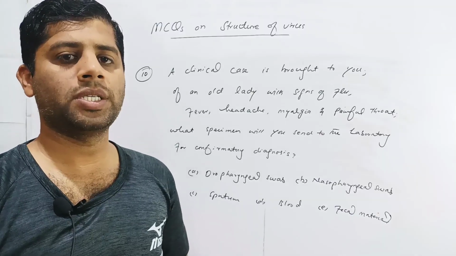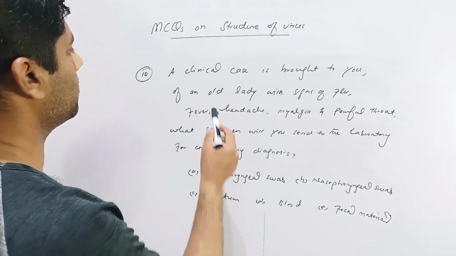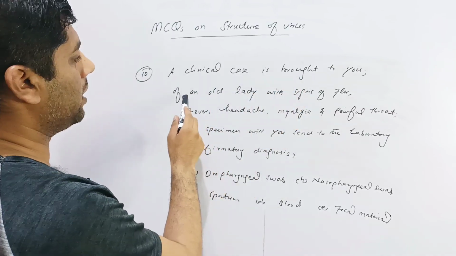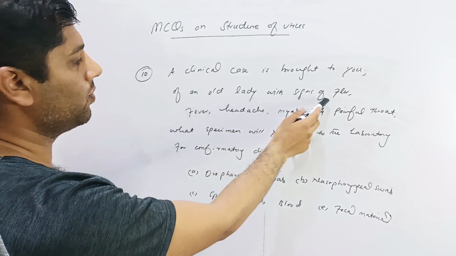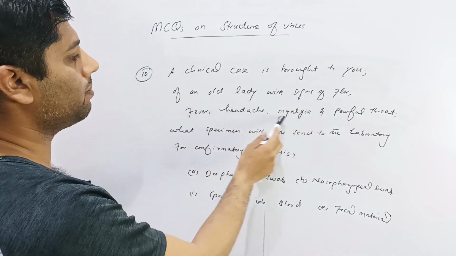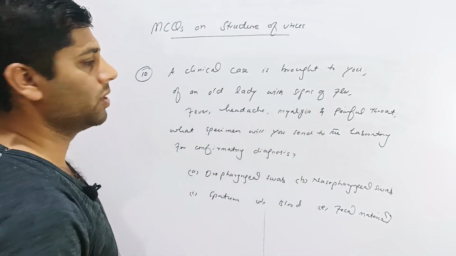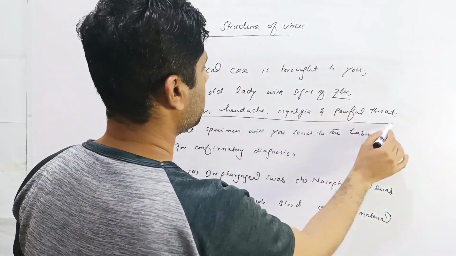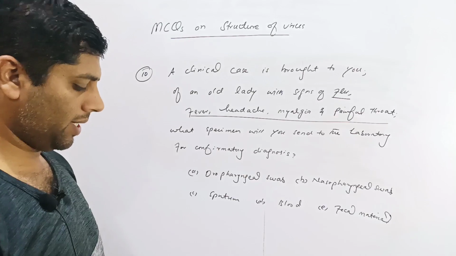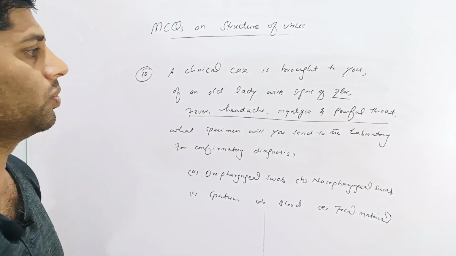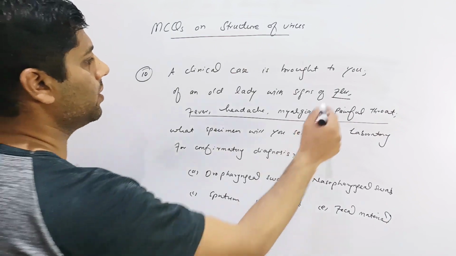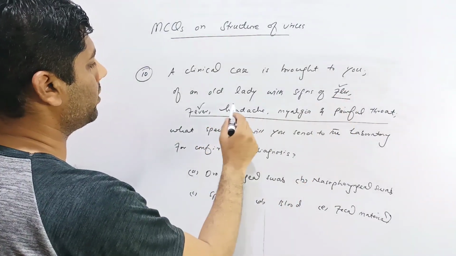The question of our today's lecture is a clinical case. This is a clinical case of an old lady with the signs of flu, fever, headache, myalgia, and painful throat, clearly indicating a respiratory tract infection due to flu associated with fever and headache.